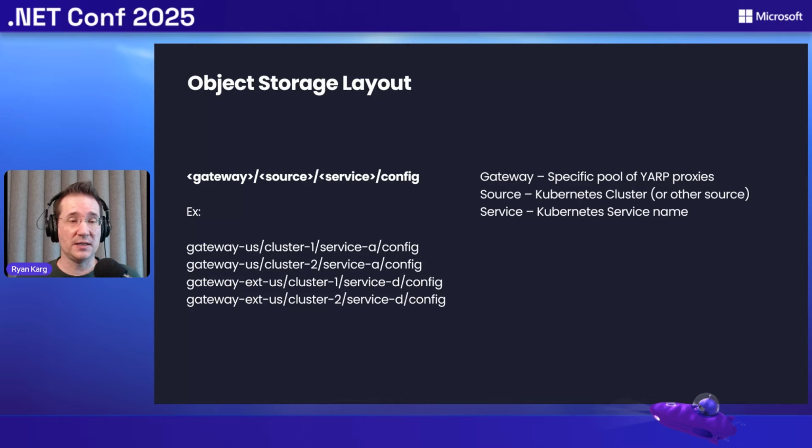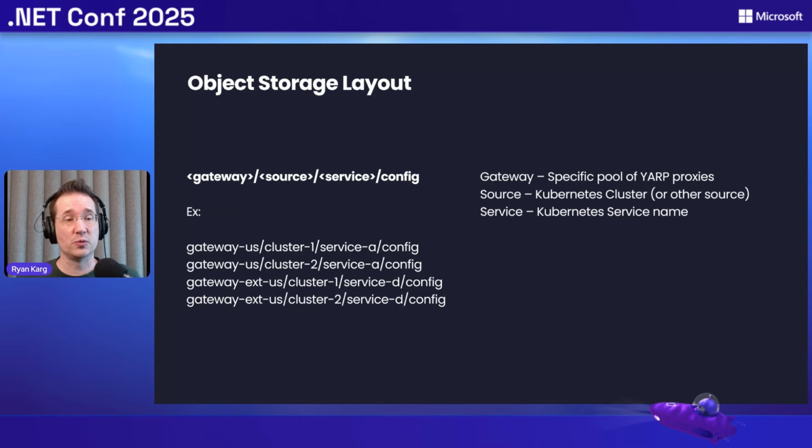The second segment is the source, which in this case is the Kubernetes cluster, and then the service name, and it ultimately stores JSON that is used to define the routing and the set of backends that a specific cluster has for that service. And so this allows us to have cluster 1 and cluster 2 write their own config portions without overwriting each other. And you can imagine if cluster 3 is spun up, it's going to discover and write out to cluster 3 in object storage.